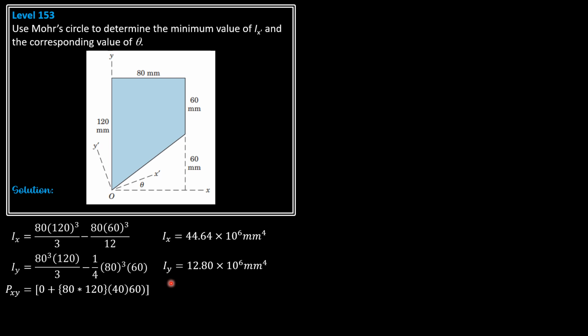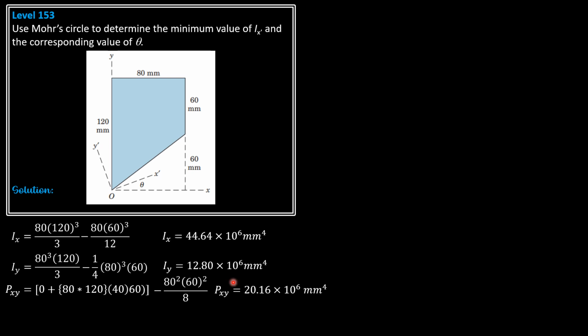Then for the triangle with respect to the centroid, b squared h squared over 8. That's the direct way. So minus 80 squared times 60 squared over 8. So the product of inertia, for that orientation of the triangle, is equal to 20.16 times 10 to the 6 mm to the 4th.